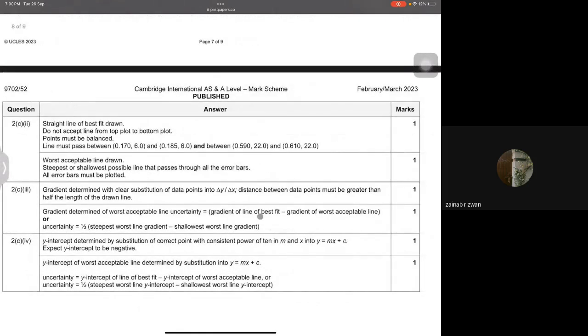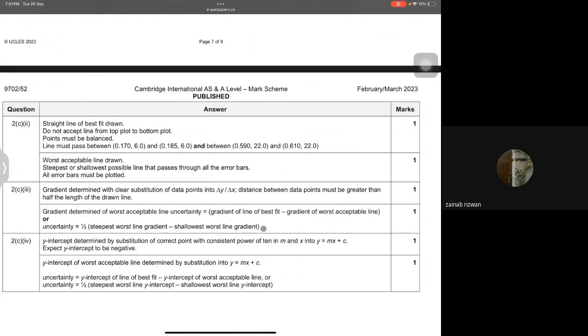And then you see they have told you that you need to determine the gradient with clear substitution of data points. The distance between data points must be greater than half the length of the drawn line. Do you guys understand that? The points should be 50% away. Then they say you can find the uncertainty by subtracting the gradient of the best fit line minus the gradient of the worst fit line.